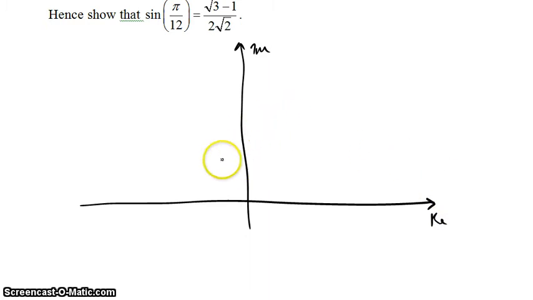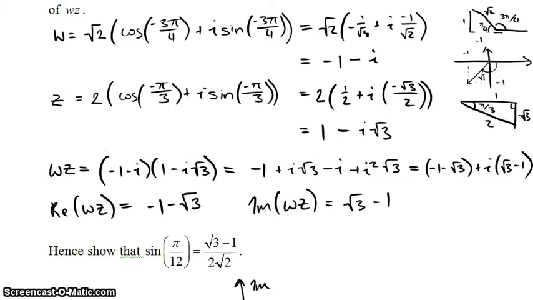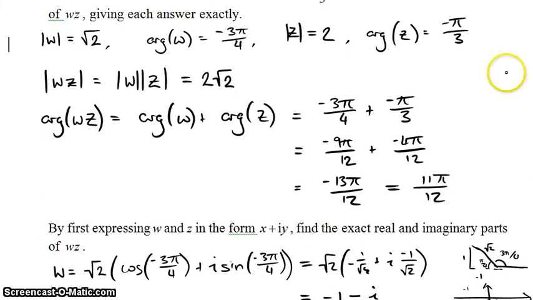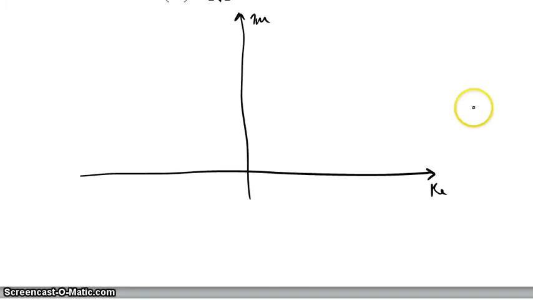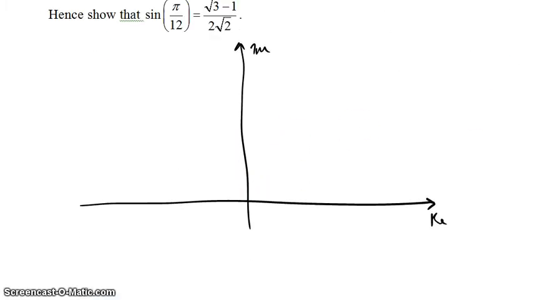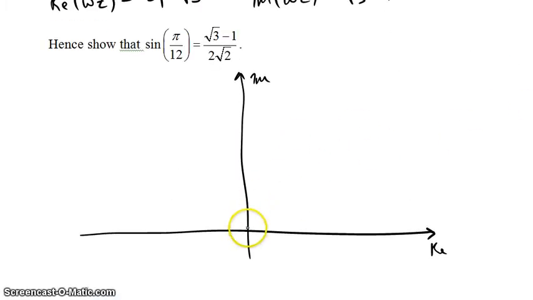Where is WZ going to be? Well, WZ, if you recall, had modulus 2 root 2, argument 11 pi upon 12. So it's going to be somewhere about here.